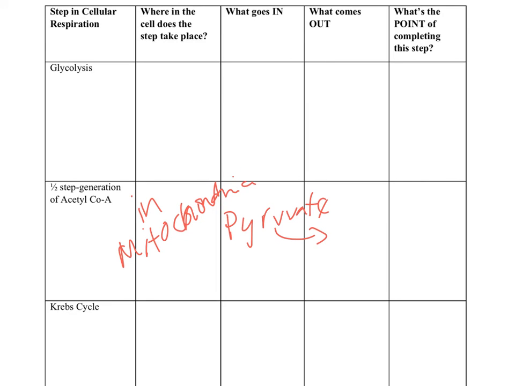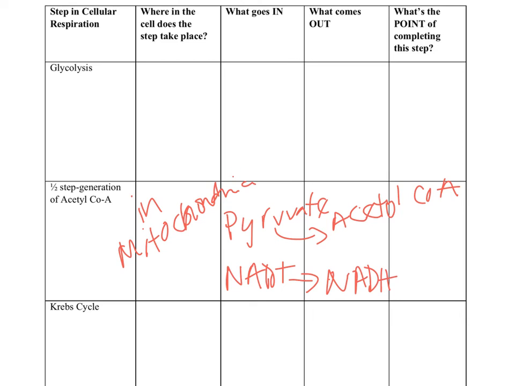So pyruvate comes out as acetyl CoA. Right? We also have NAD plus coming in, and it's going to go out as NADH. Okay. So that's what's happening here. We don't get any energy, but we're now ready for the Krebs cycle.